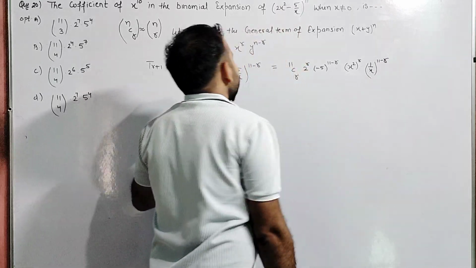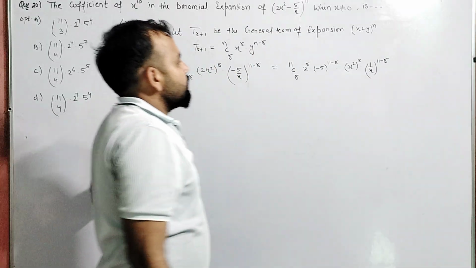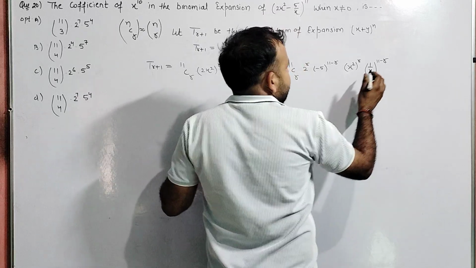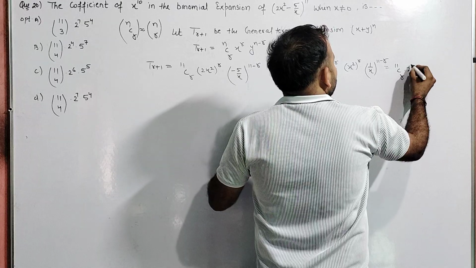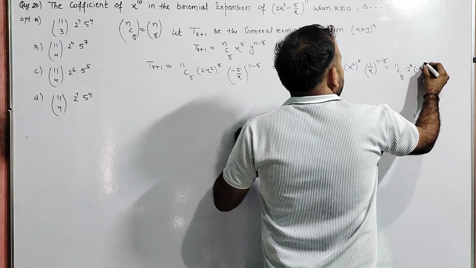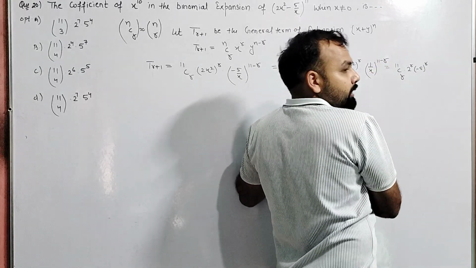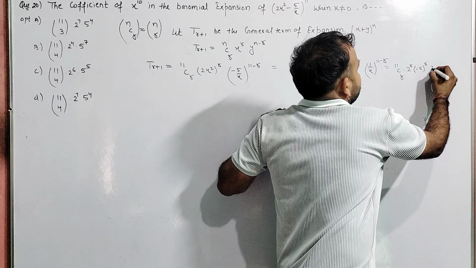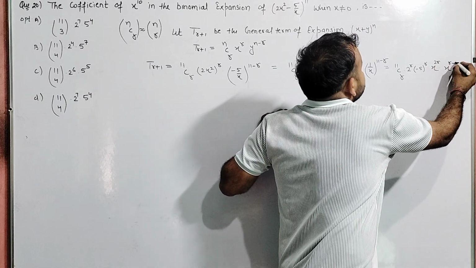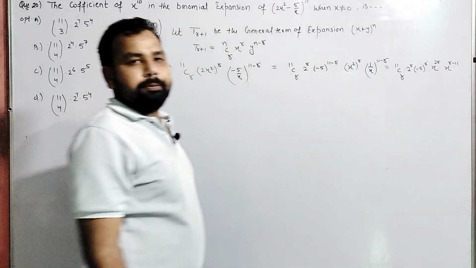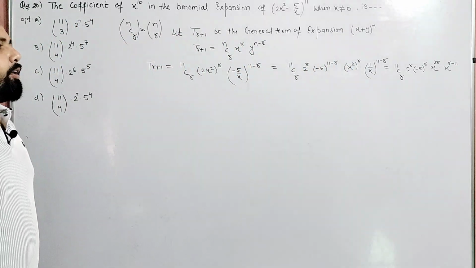This can be written in this form, that is 11Cr 2 to the power r minus 5 to the power r, and this can be taken in numerator, so this can be written as x to the power 2r into x to the power r minus 11. Okay student.